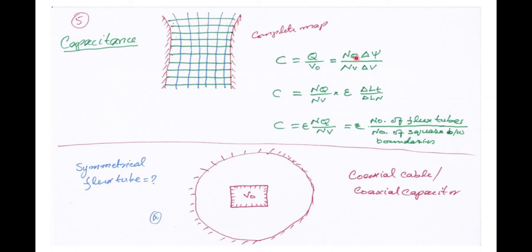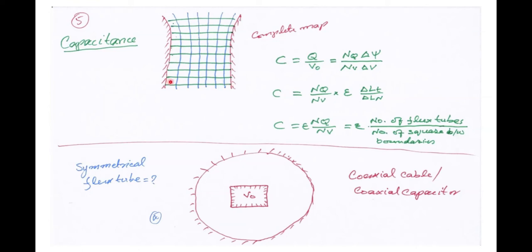So NQ represents the total number of flux tubes. Delta psi represents the flux, this much flux or charge originated on the left conducting boundary and terminated on the right conducting boundary, divided by NV delta V, where NV represents the total number of curvilinear squares. We actually count the curvilinear squares in between the conducting boundaries.